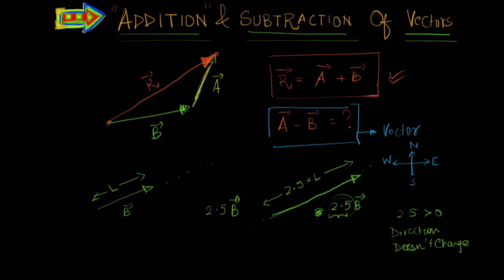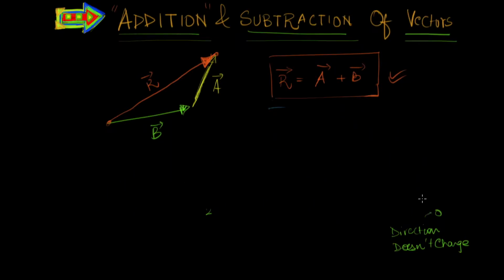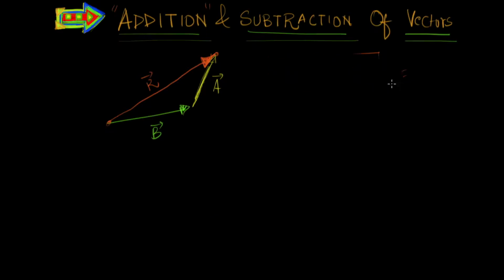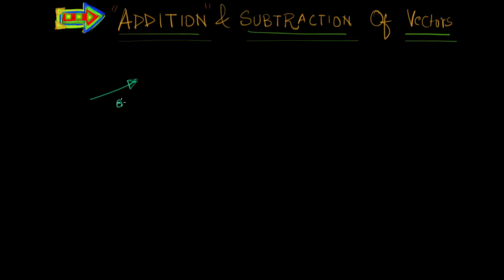Right, so with that clarified, we can now see what happens if we multiply a vector by a negative number. So let me change my color, and let me get rid of the question that we're wanting to answer. I can even get rid of this for the moment. So if I have a vector, say, now let's take C for that matter, C. This is a vector of length 2 units pointing in the northeast direction.